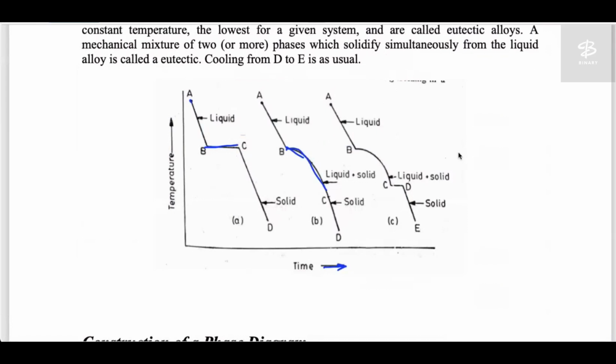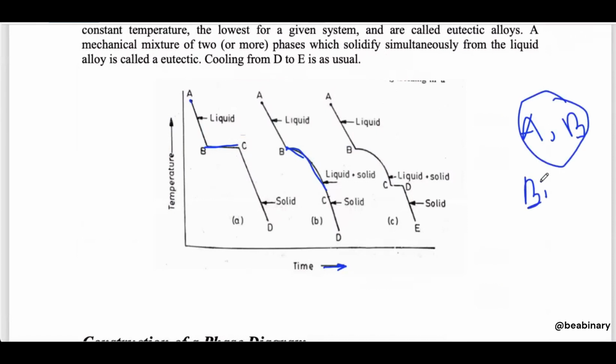System of two components means their phase changes will not occur simultaneously, not together. They have different temperatures. Suppose you are having element A and B. So A and B together make a binary system, basically your alloy. If it were pure, then all the atoms would change their orientation together at a particular temperature.